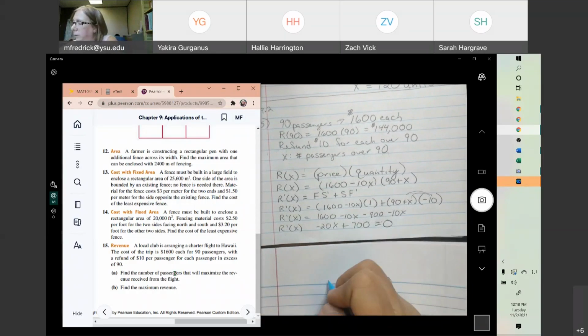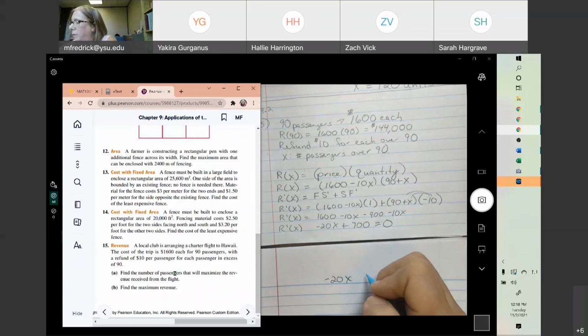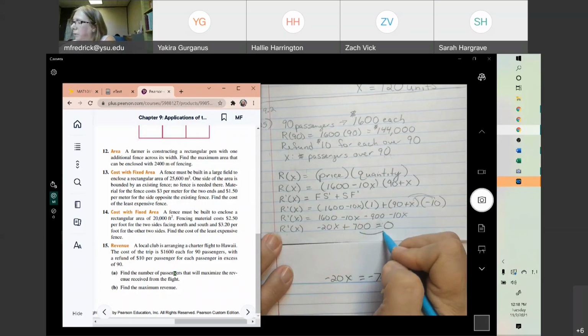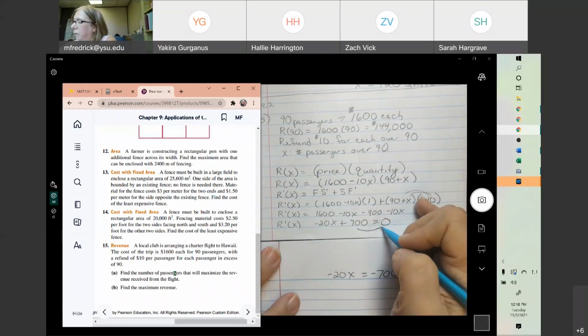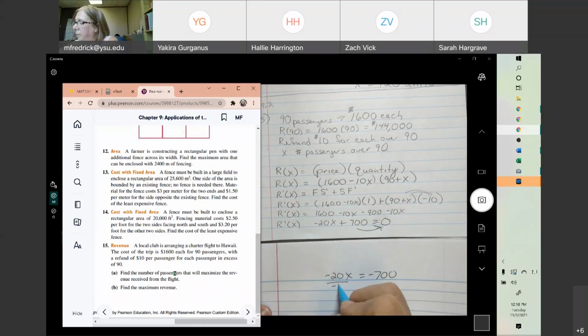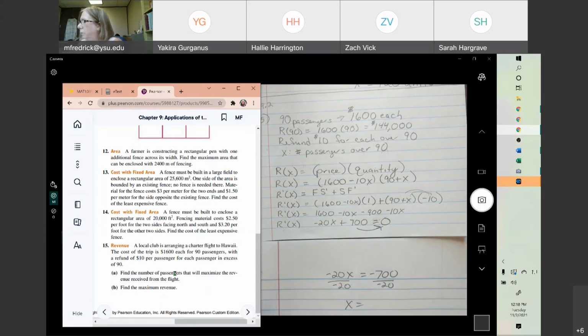So real quick, when we set it equal to 0, negative 20x equals a negative 700, because I just subtracted to the other side. And then divide by the negative 20. X equals 35.